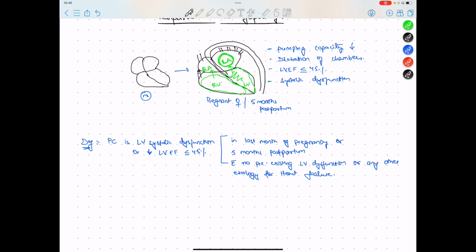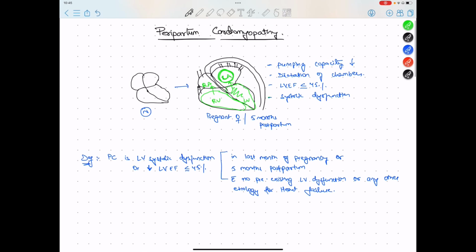So left heart failure, that is increased LA and LV pressures, results in pulmonary edema, whereas increased pressures in the right atrium and right ventricle result in lower extremity edema, hepatomegaly, etc. So this was the pathophysiology of heart failure in simple terms. We'll discuss this later in another video.